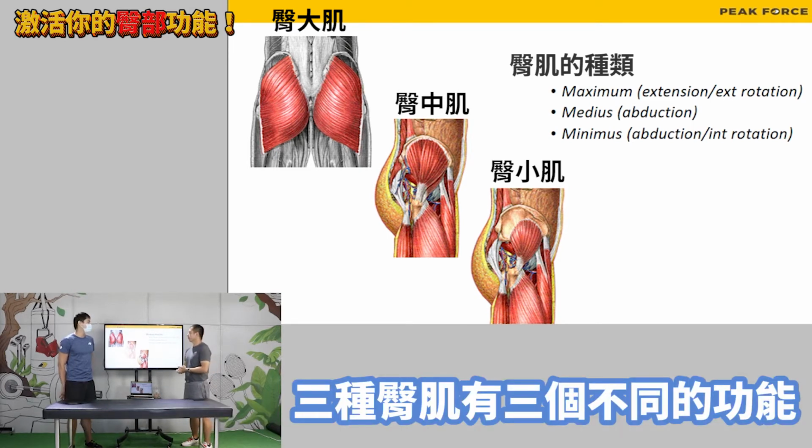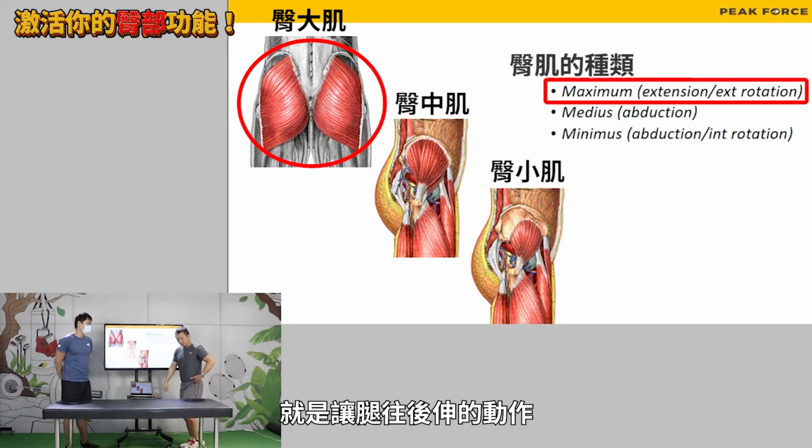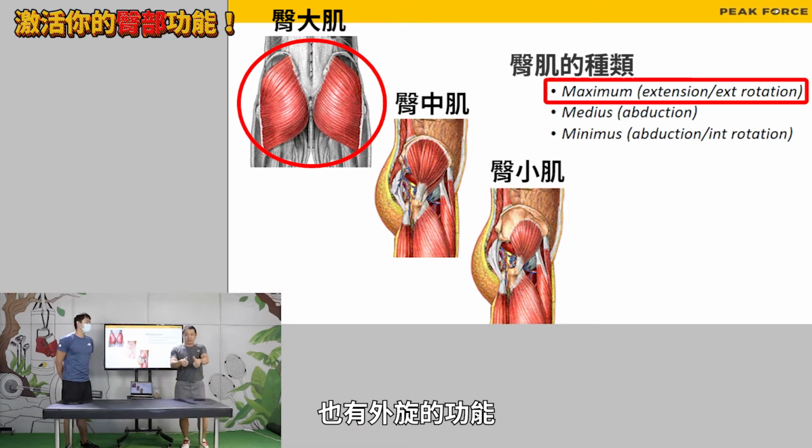So the maximus provides the hip extension, which is to go backwards this way, but it also has a function of external rotation.